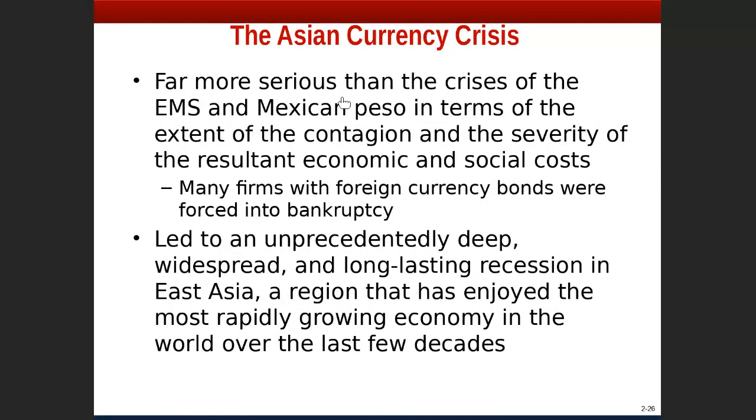Many firms with foreign currency bonds were forced into bankruptcy. The Asian currency crisis led to an unprecedentedly deep, widespread, and long-lasting recession in East Asia, a region that had enjoyed the most rapidly growing economy in the world over the last few decades.